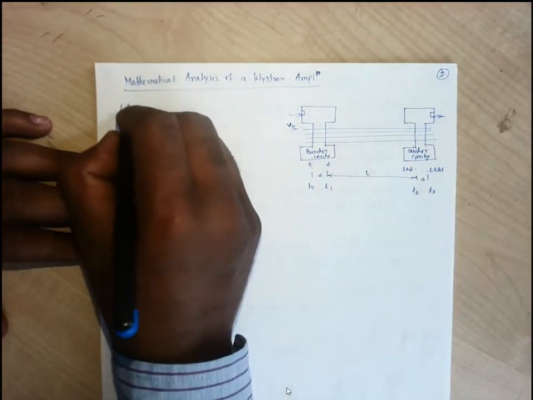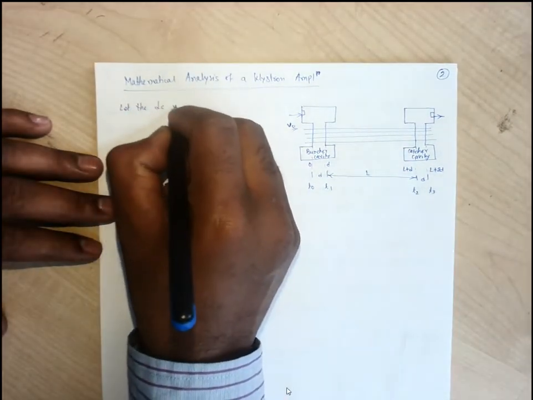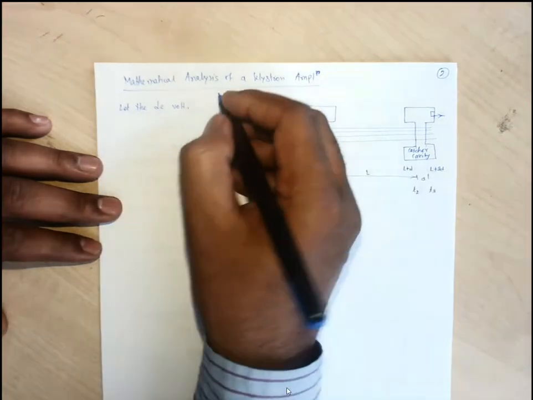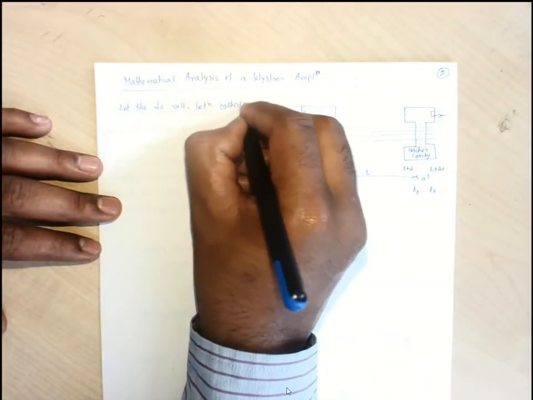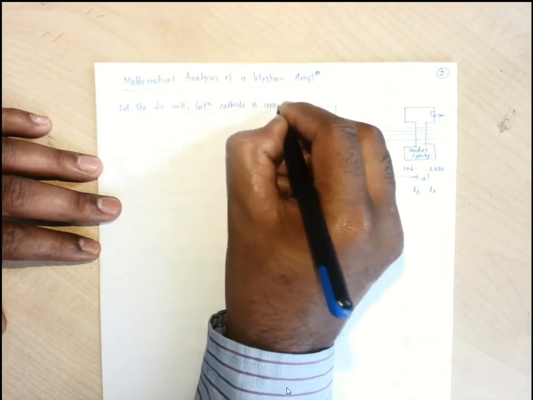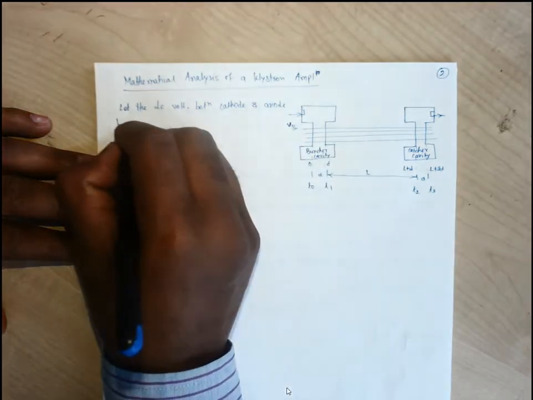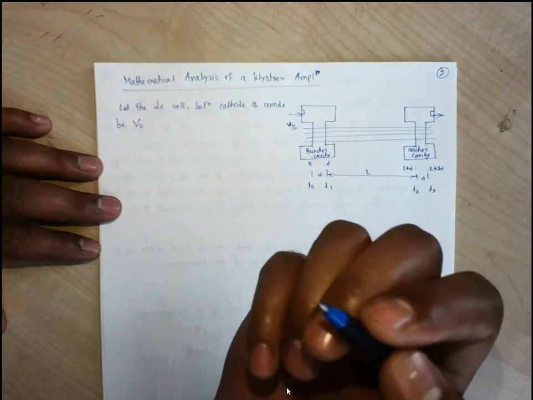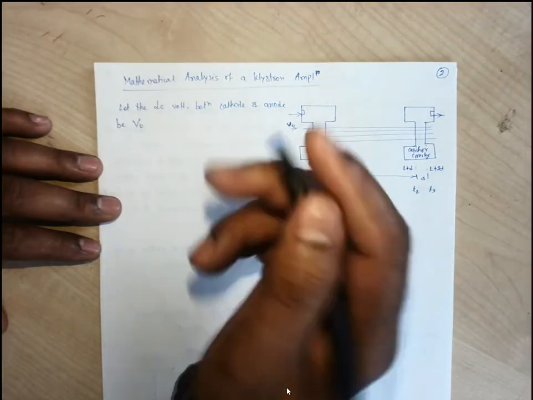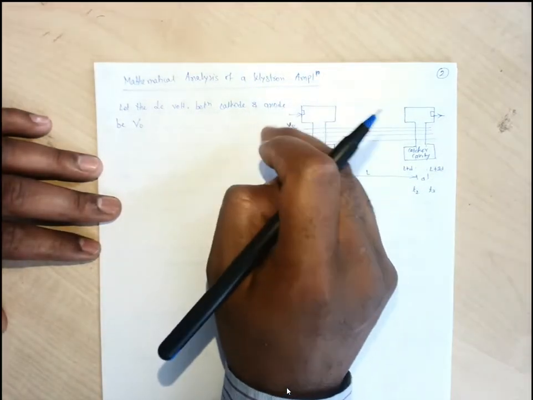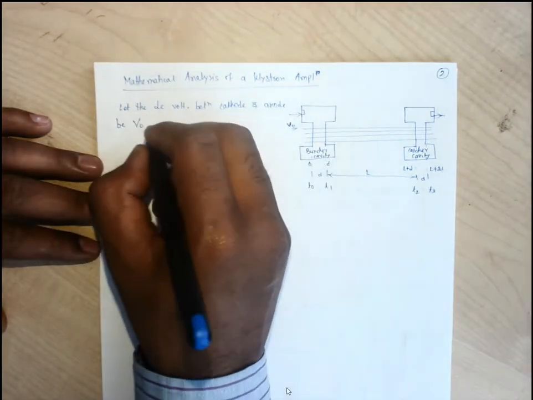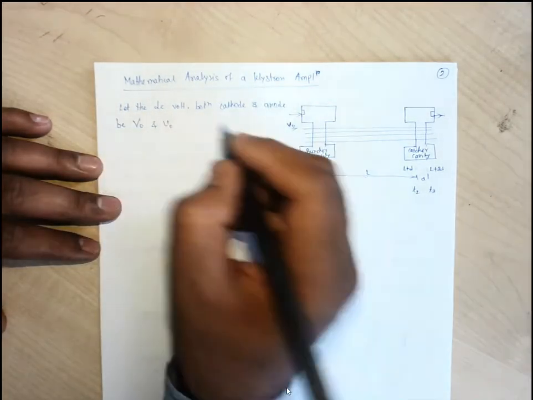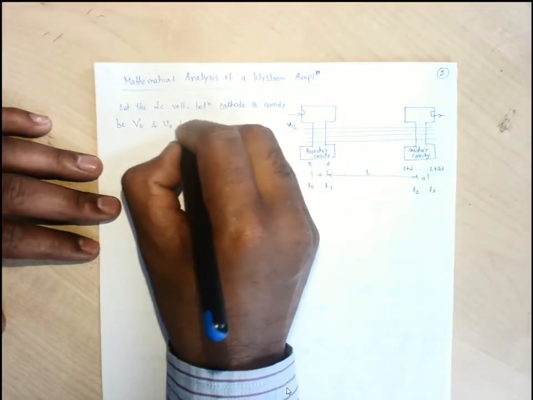Let the DC voltage between cathode and anode be V0, the DC voltage between the cathode and anode where the electron beams come out, and v0 be the velocity of the electron.